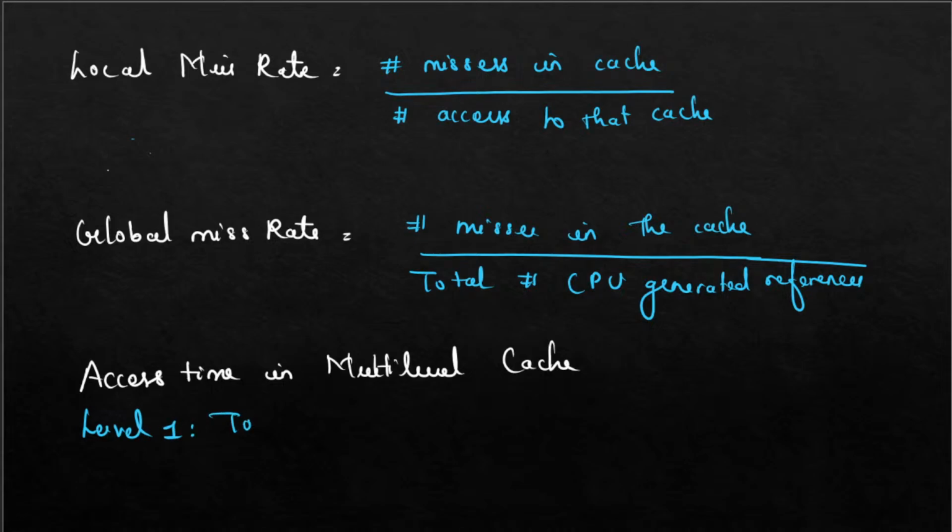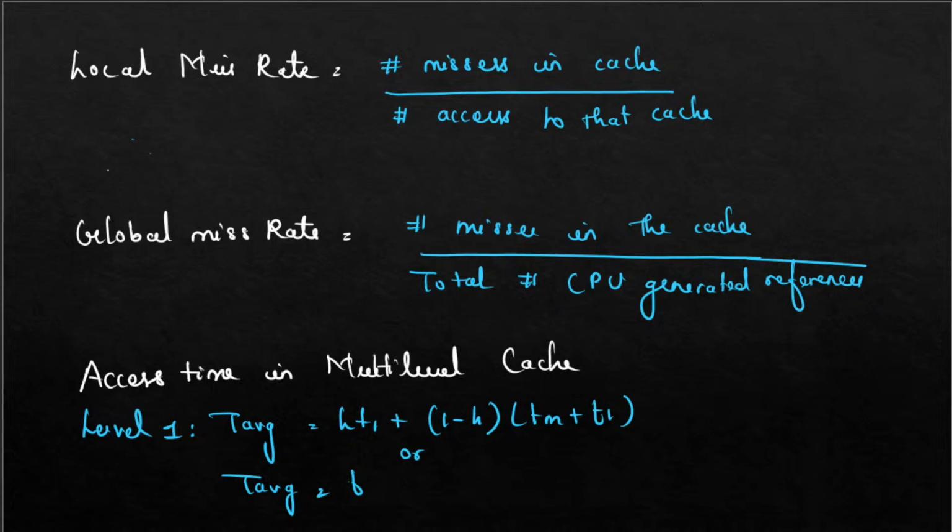So average time is t average equals to t1 plus 1 minus h1 tm.